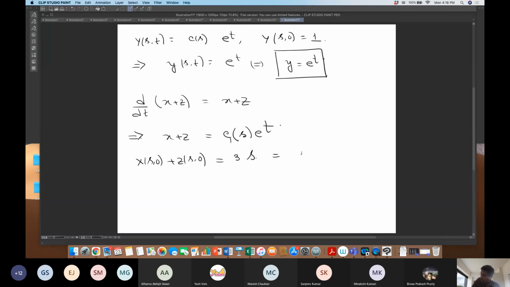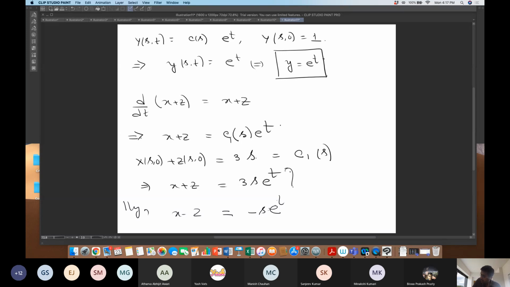So 3s equals c1 of s. This implies x plus z is 3s e to the power t. Similarly, a similar calculation will give you x minus z is equal to minus s e to the power t.